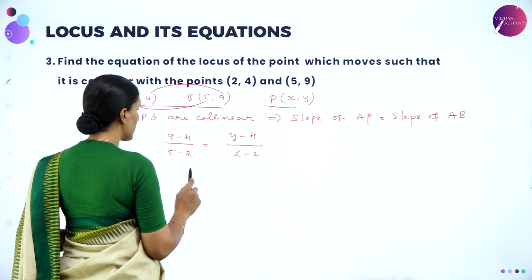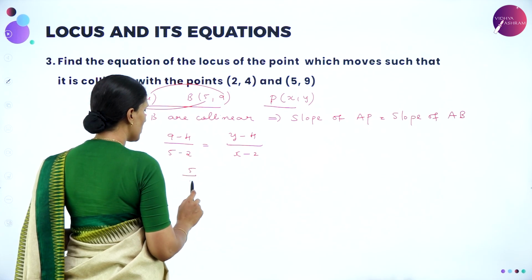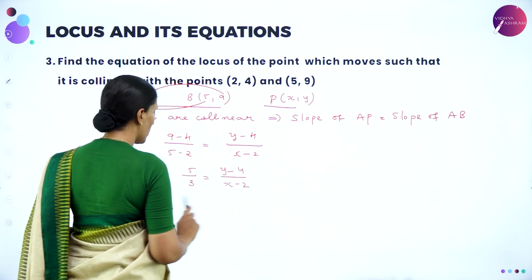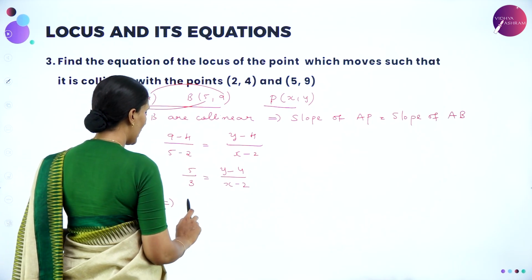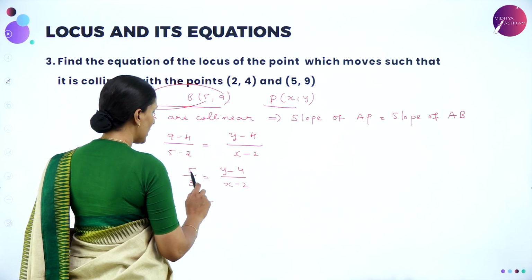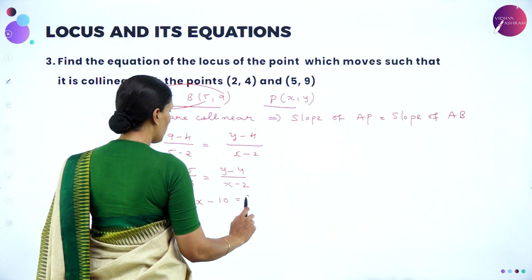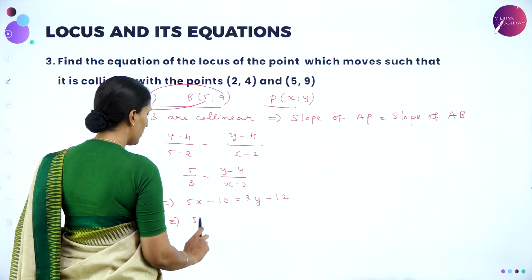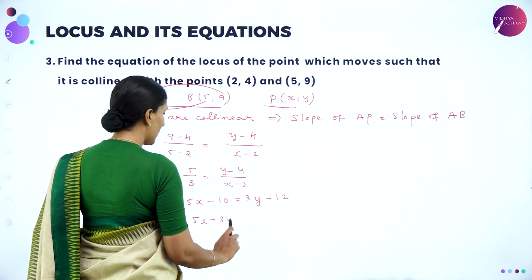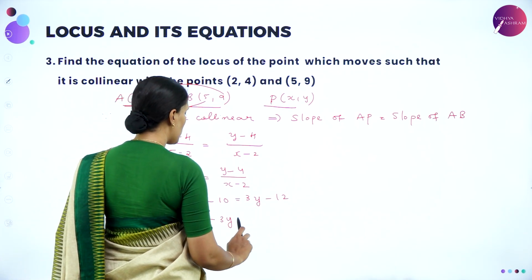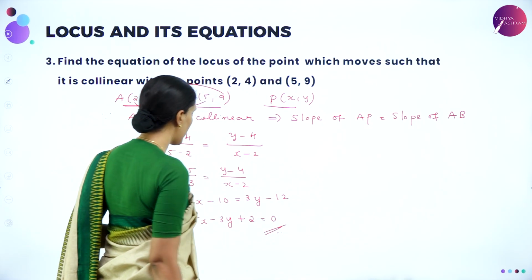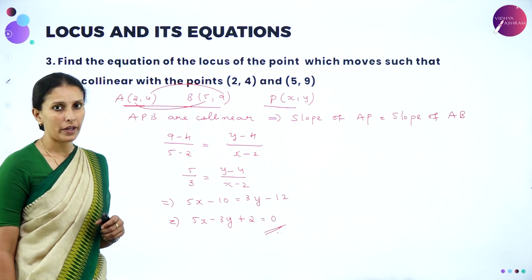We have 9 minus 4 as 5, 5 minus 2 is 3. So 5 by 3 equals y minus 4 by x minus 2. Cross multiplying, we will get 5x minus 10 is equal to 3y minus 12. So this is 5x minus 3y minus 10 plus 12 becomes plus 2 is equal to 0. So this is the equation of a straight line in two variables.